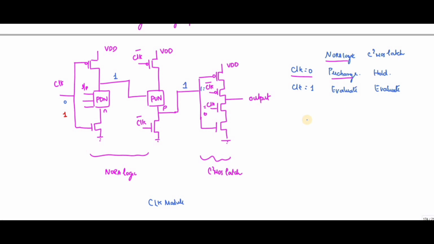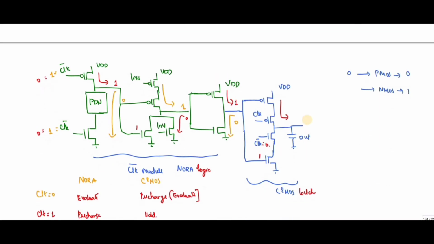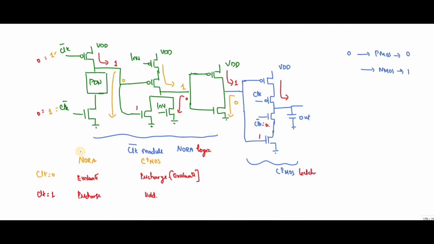Next you can see the clock bar module. During the clock bar module, this is the NORA logic, and this one is a C2MOS logic. Here I have used static logic also. You can see this is an AND gate and this is an inverter. Whenever the clock is 0, this red line goes to 1. Since it goes to 1, this goes to the evaluation phase, right?